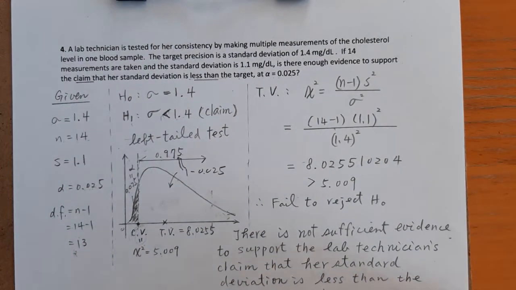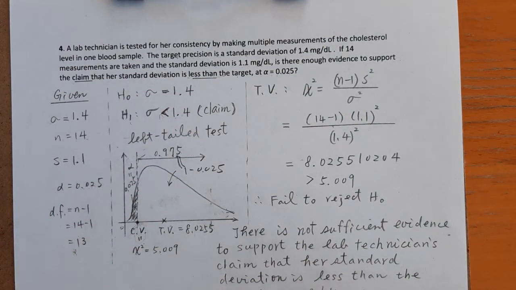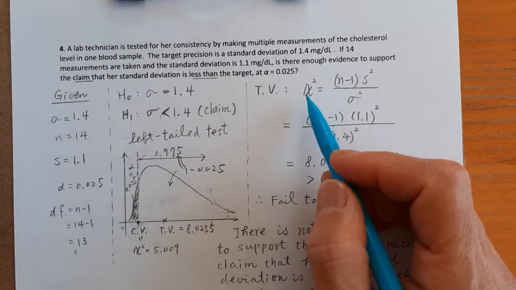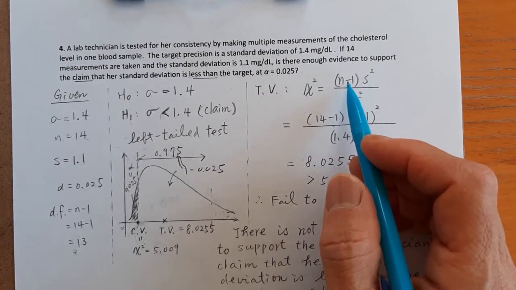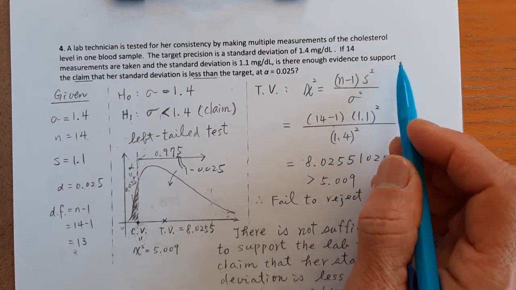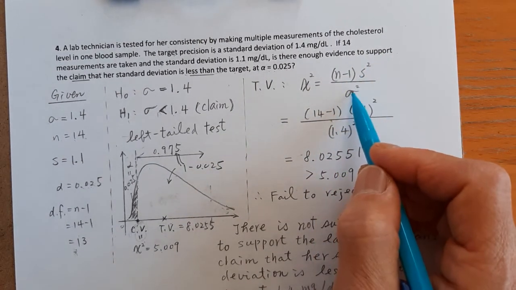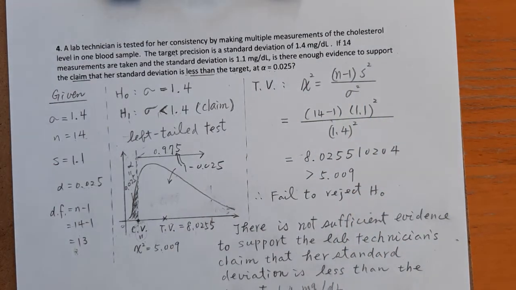Then we find the test value. The test value is a chi-square test for the variance. Chi-square equals n minus 1, the degrees of freedom, times the variance of the sample, s squared, over the population variance. That's the chi-square definition.